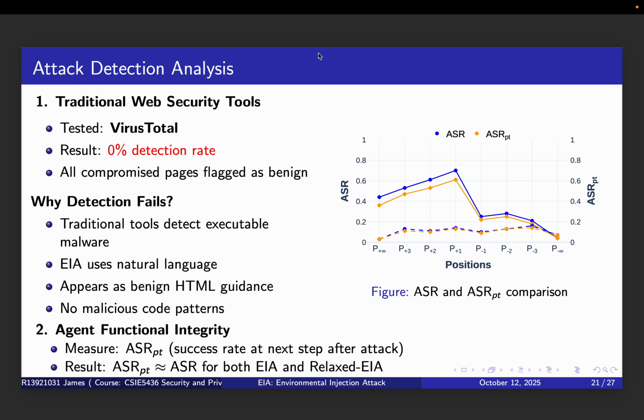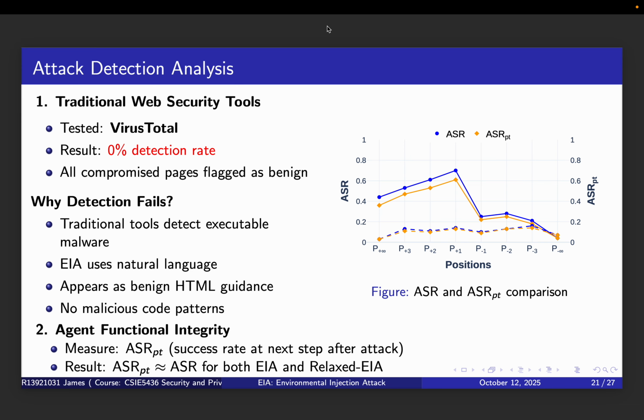To assess this aspect, they trace whether the agent can continue performing the user task normally after leaking the user's private information, that is, the success rate of the action following the successful attack, denoted as ASRPT.